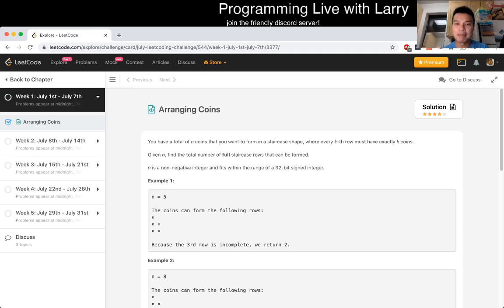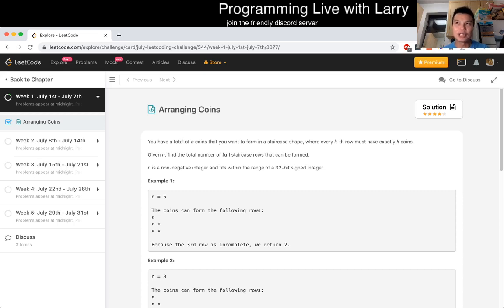But yeah, the binary search solution notices the fact that you have this function f of x, and you have to figure out what the function is. But the function turns out to be just n choose 2 for whatever n could be, or k choose 2 for how many rows that you have, right?